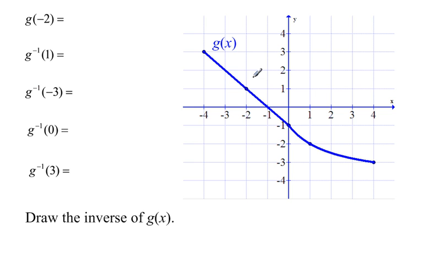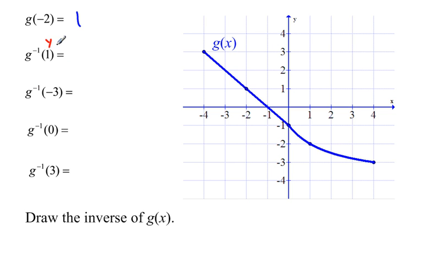All right, let's try this also on a graph. So we're going to start with g of -2, which is what we always did before. G of -2, we go to this point right here, and our y value is 1, because this is the point (-2, 1). So our input is -2, and our output is 1. For the rest of them, we're going to work backwards. We're going to be looking for the output.